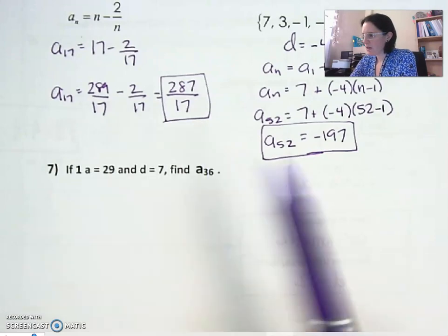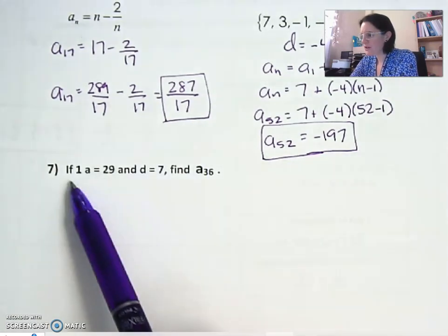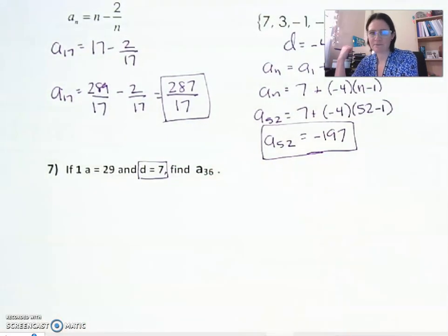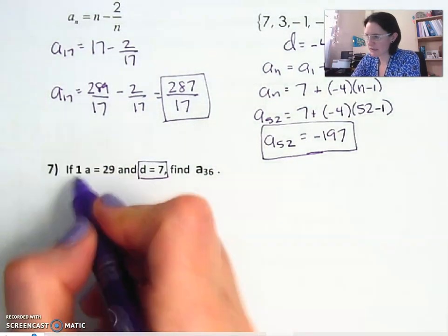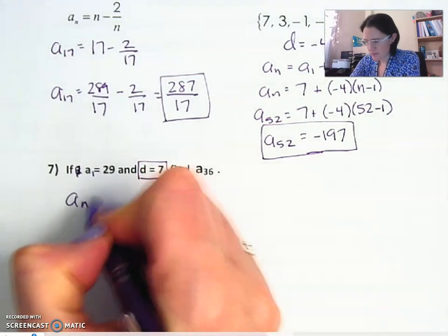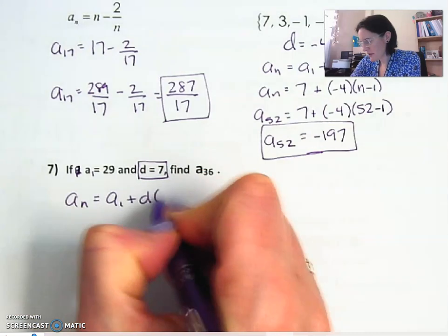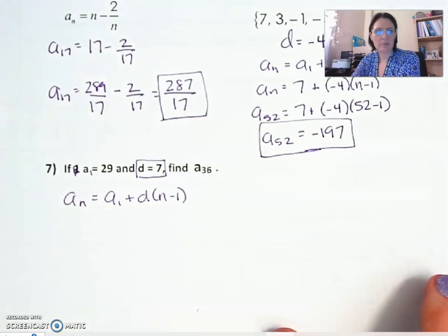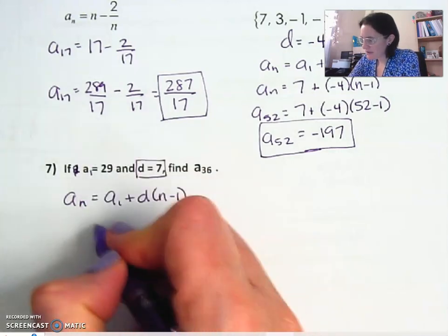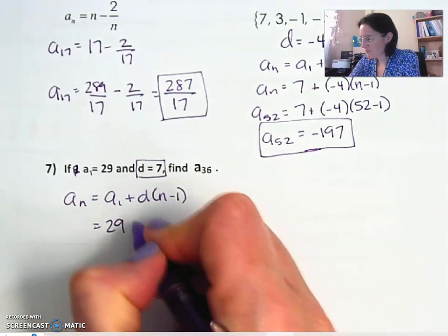And then on this last problem, we know this is talking about an arithmetic sequence because it gives me D. This right here is supposed to be A sub 1, not 1A. So I'm going to just write my general formula here. I'm going to plug in the stuff that I already know. So A1 is 29, so I'm going to put that here.